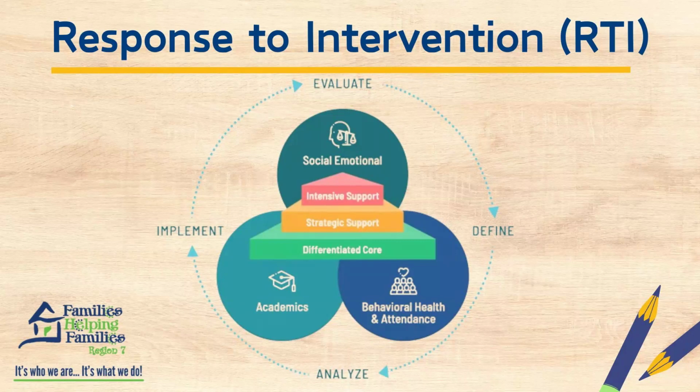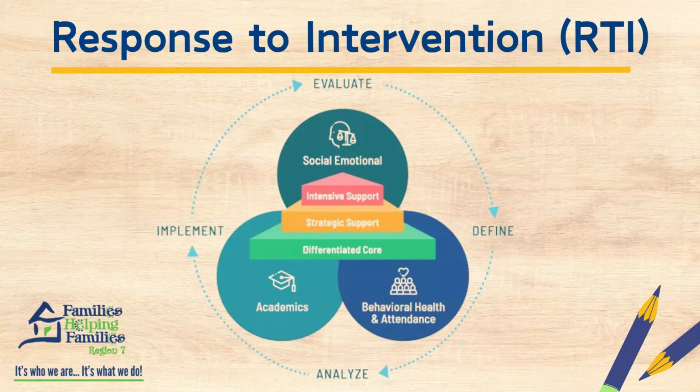The essential components of RTI, response to intervention, include high quality, scientifically based classroom instruction, ongoing student assessment, tiered instruction, and parent involvement. RTI is generally referred to as a three-tiered model.